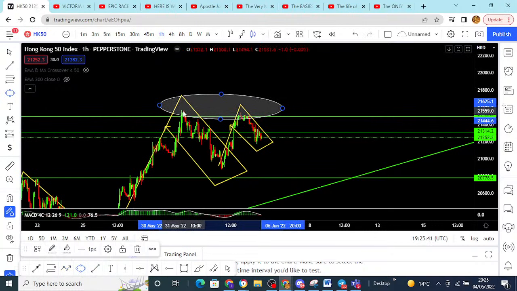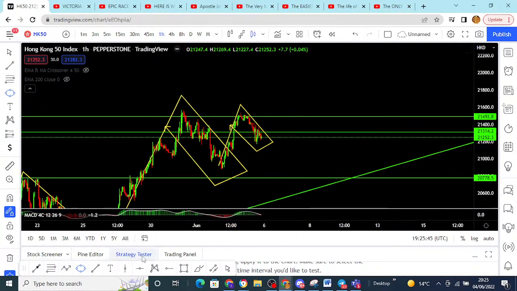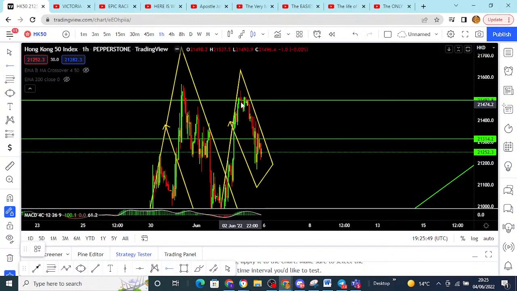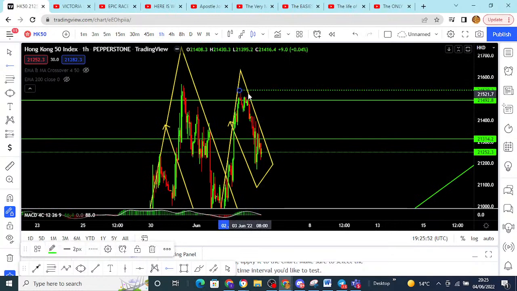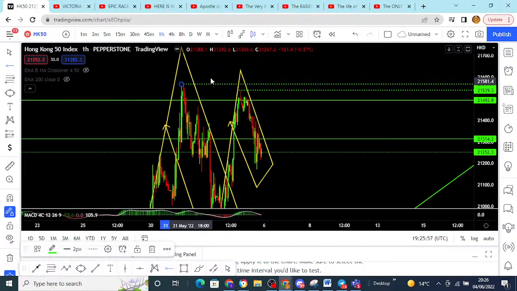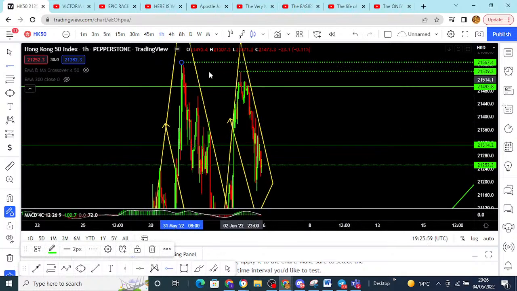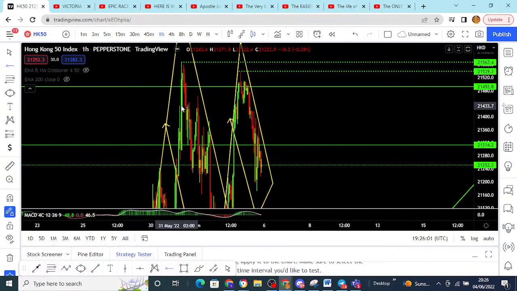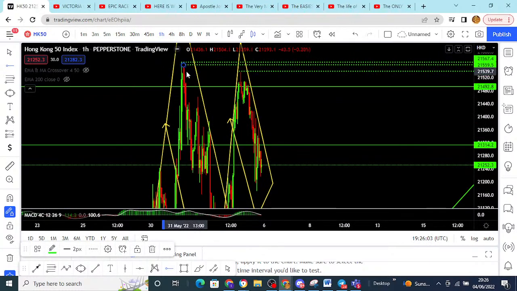We can see that the market has not made a higher high, and if you look closely, you'll see what I mean. Look at where the tip of this wick rests, and look at where the wick of this market rested. You can see that there's a variance in the wick height.